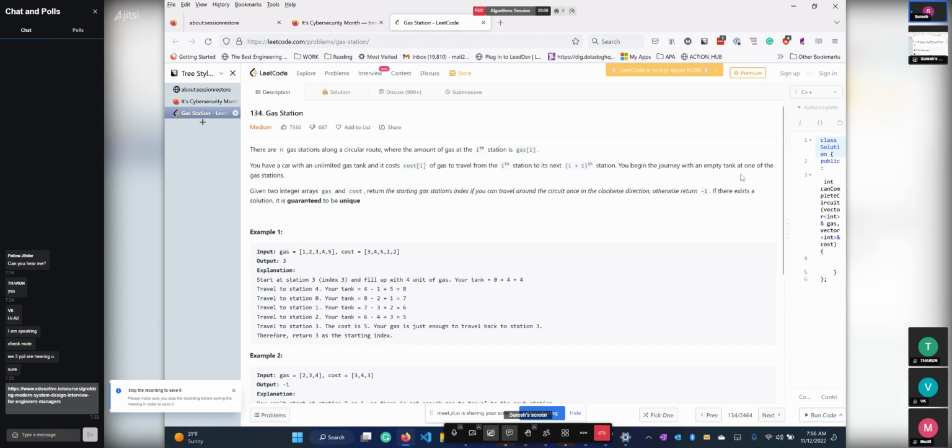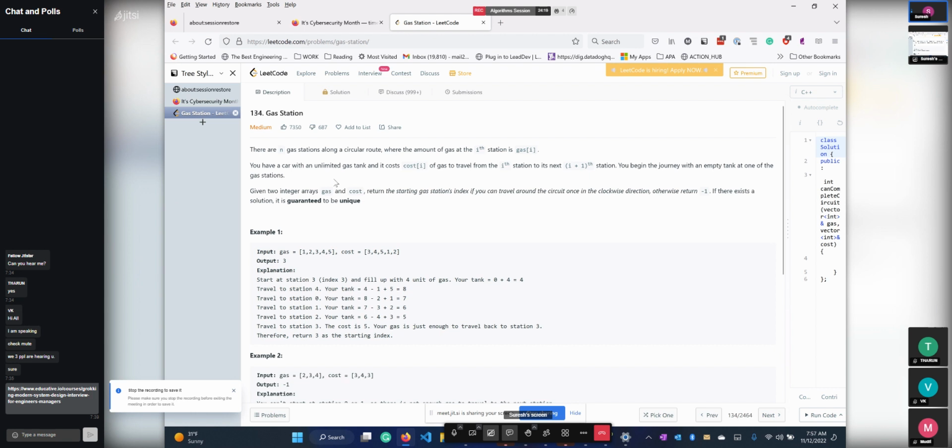You begin the journey with an empty tank at one of the gas stations. Our intention is to begin with an empty tank and start with one of the stations. There is no rule that you need to start from the first station.